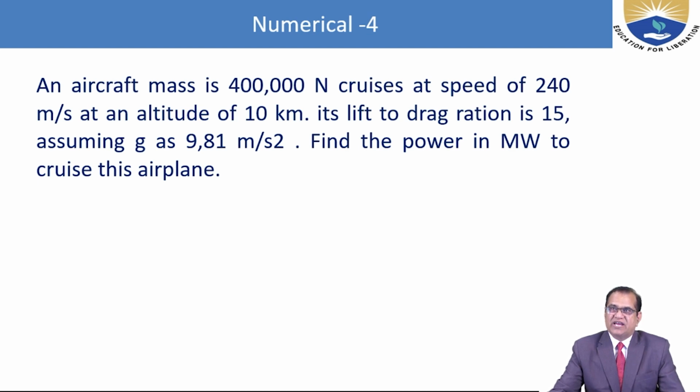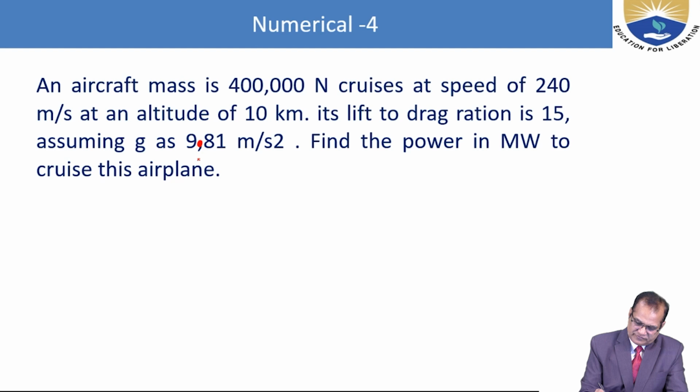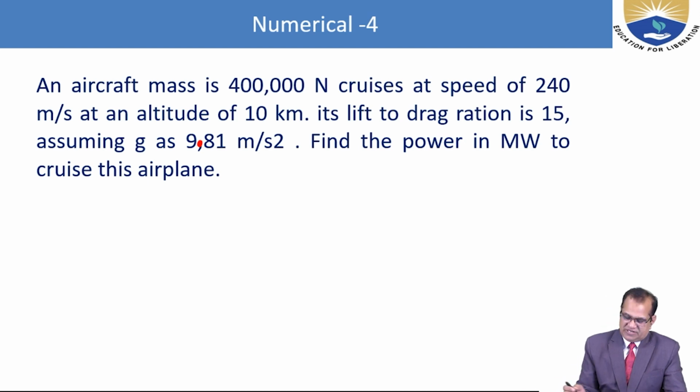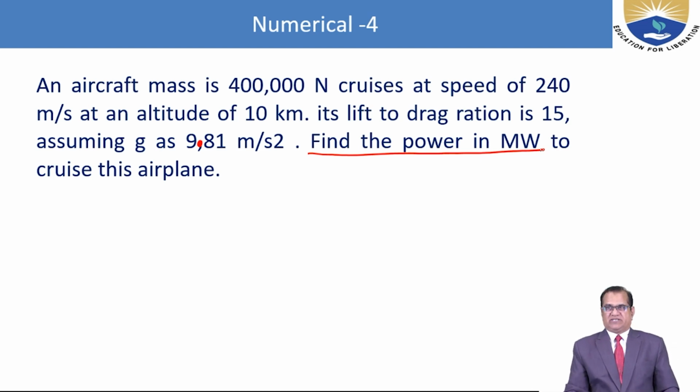Its lift to drag ratio is 15, assuming g as 9.81 meters per second squared. Find the power in megawatt to cruise this plane. So we have to find the power in megawatt, so we have to convert units from watt to megawatt.